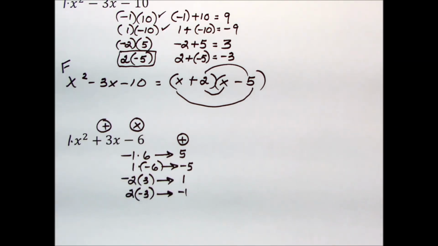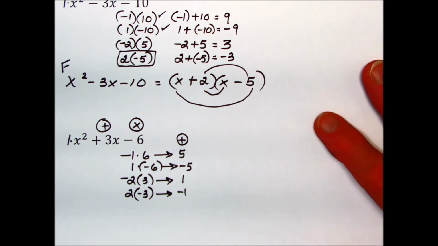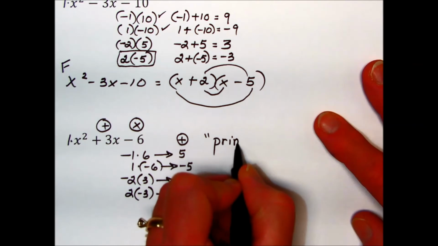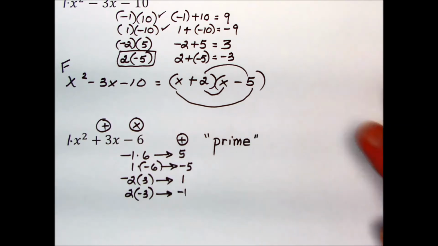What's up? Well, there are trinomials that are not factorable. And so we would call this either not factorable, or our answer could be prime. It is not possible to break this down.